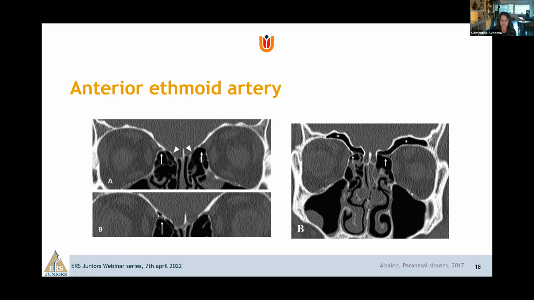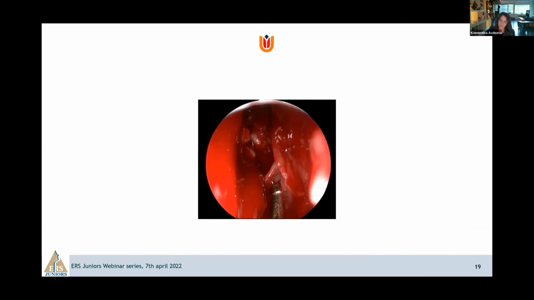However, there might be a bony dehiscence, or it might be hanging on a mesenterium. So you really want to be aware of where your anterior ethmoid artery is and whether it's a safe variant or not. During the surgery, you can locate it by its direction. It moves from posterior laterally to anterior medially. And another landmark to be aware of is that it's located between the second and the third lamella.